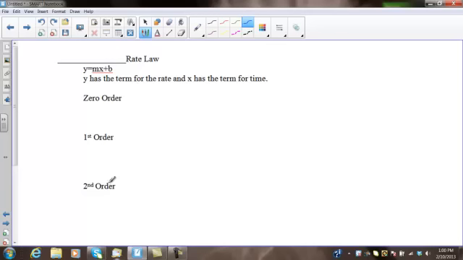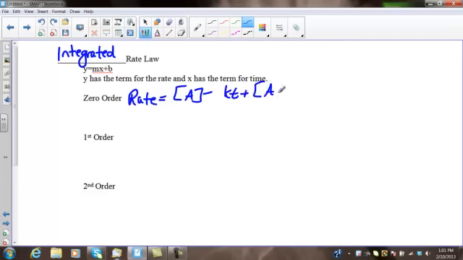So, integrated rate law. It takes the form of a line, y equals mx plus b. Y has the term for the rate, and x has the term for the time. In a zero order, the concentration of A is equal to negative KT plus the initial concentration of A. You do not have to memorize these.